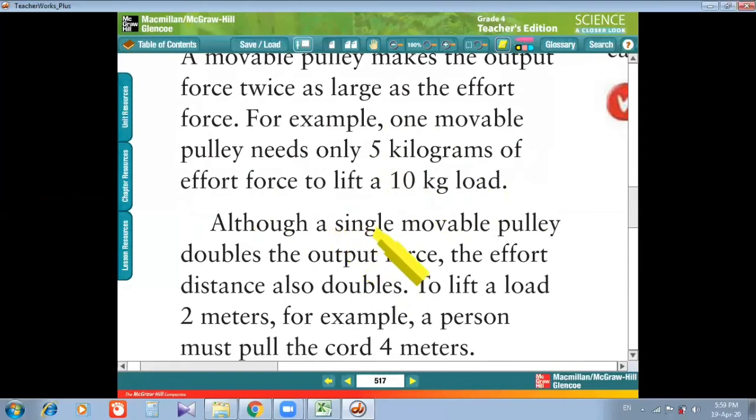Although a single movable pulley doubles the output force, the effort distance also doubles. Now this is the problem. The advantage is it doubles the output force, but at the same time it also doubles the effort distance. To lift a load 2 meters, for example, a person must pull the cord 4 meters.